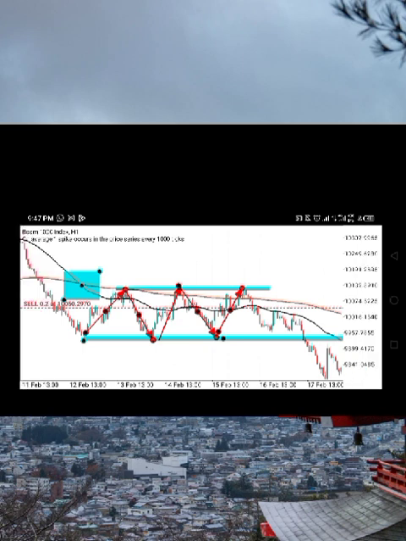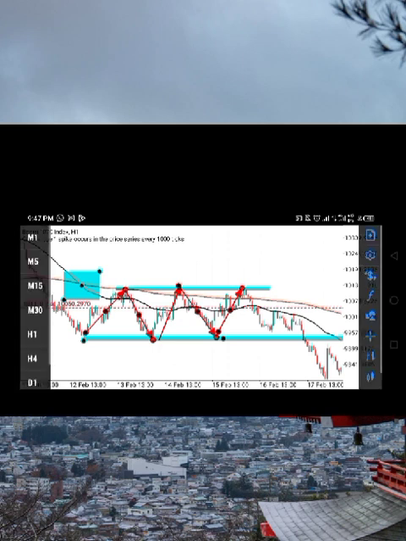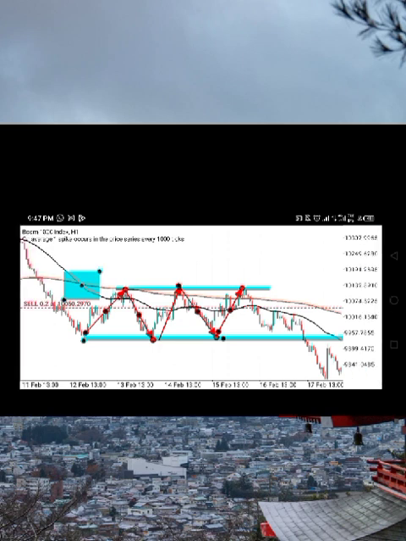I was very vigilant. Now, take note of something here. This is something I want to reveal. As this market kept moving up and down, remember, this 50, 200 crossover had taken place here.